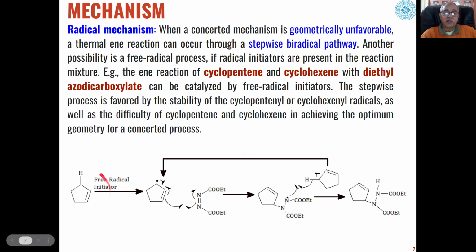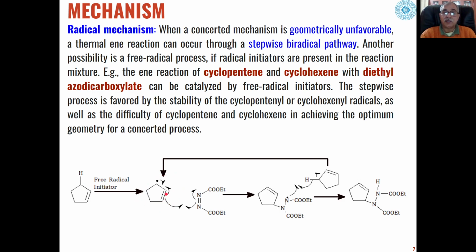For example, if we take the example of cyclopentene, what a free radical initiator like diethyl azodicarboxylate will do is create a free radical by breaking this sigma bond, the carbon-hydrogen bond, and we will get a cyclopentene free radical like this.